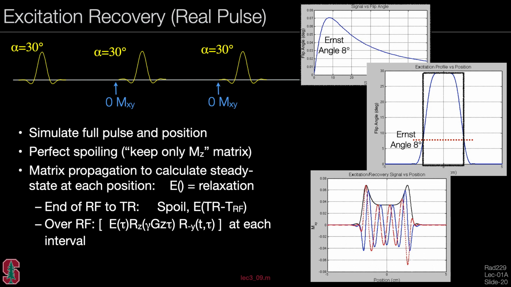So this is the signal as a function of position. And you notice that the signal actually doesn't peak in the middle of the slice anymore. And the reason for this is the signal is going to peak where the flip angle is actually equal to the Ernst angle. So it's interesting that we would do better here if we reduce the flip angle so we don't have these big peaks on the edge of the slice.